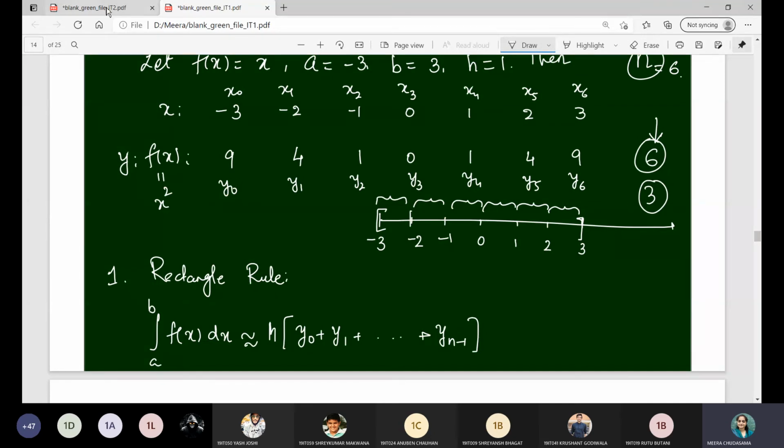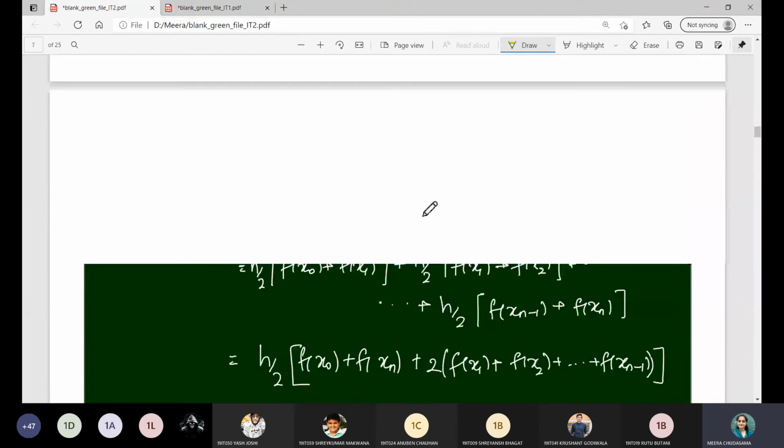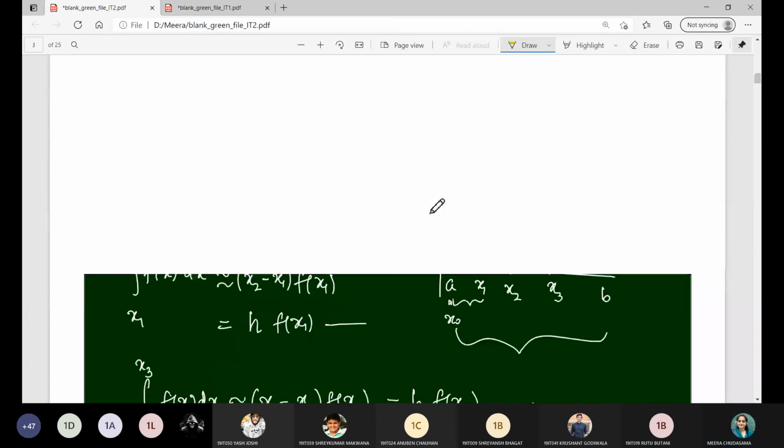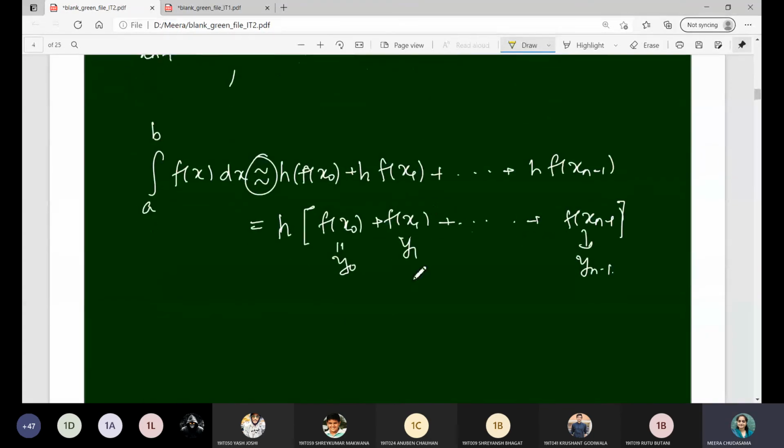If you remember this, let me recall this. Yeah, here you can see that this is a composite rectangle rule. H times y0 plus y1 plus up to plus, it will go up to yn minus 1, right?